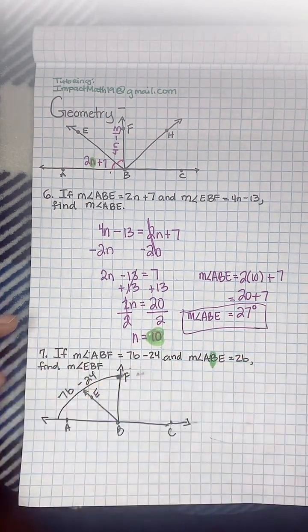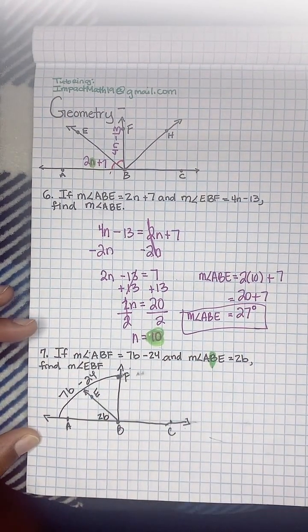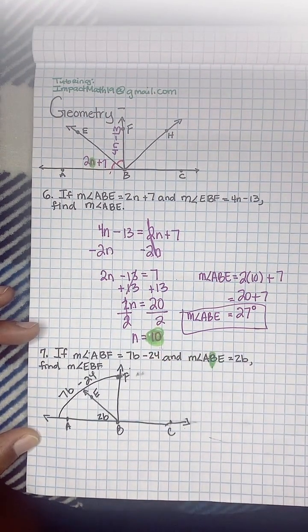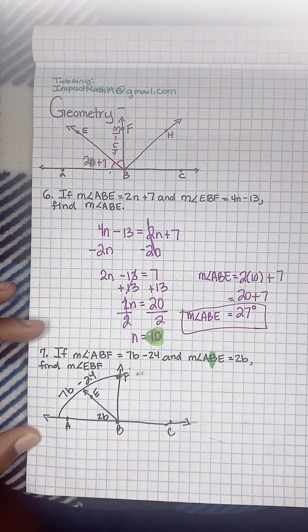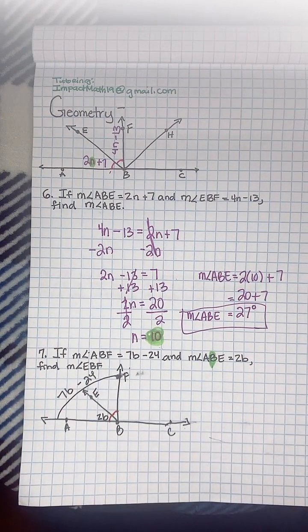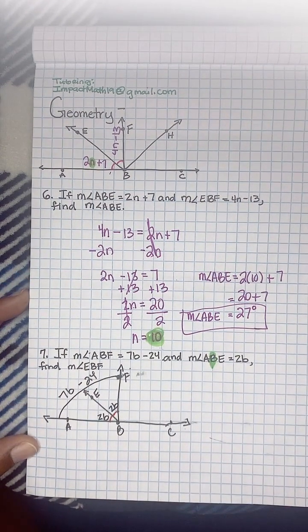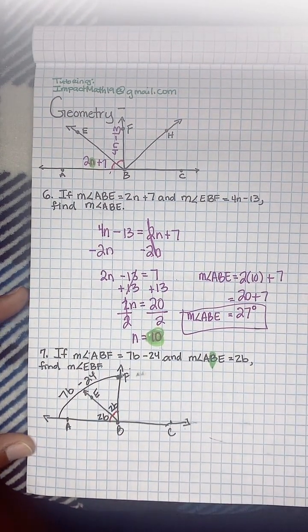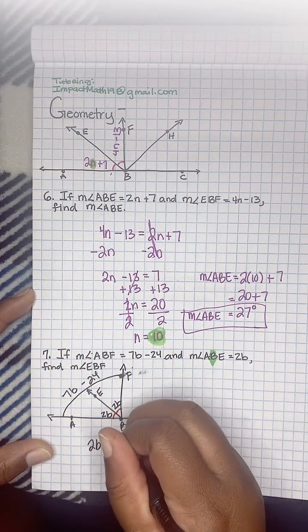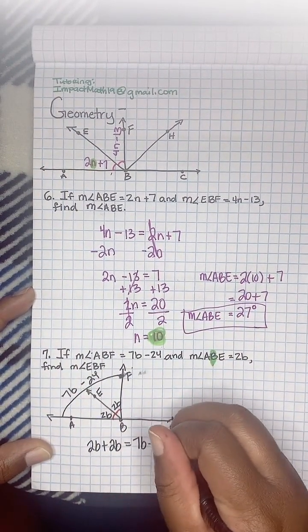So ABE is 2B, and they want us to find EBF. They also gave us that this angle and this angle are congruent. So if this is 2B, this also has to be 2B. So now I can set this up. Hopefully you're following me. 2B plus 2B equals the total angle, 7B minus 24.